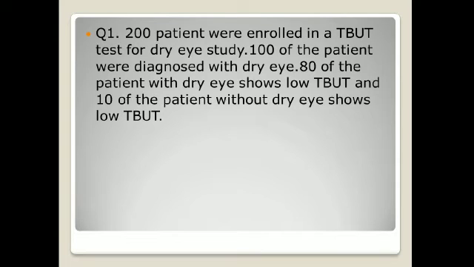Out of 100, 80 of the patients have dry eye, and after doing the TBUT test, they showed low TBUT, which means it will be true positive. And again it says 10 of the patients without dry eye also show low TBUT, so it will come under false positive. Okay. Now let's try to make the table.